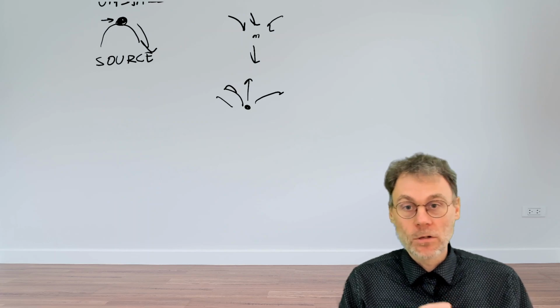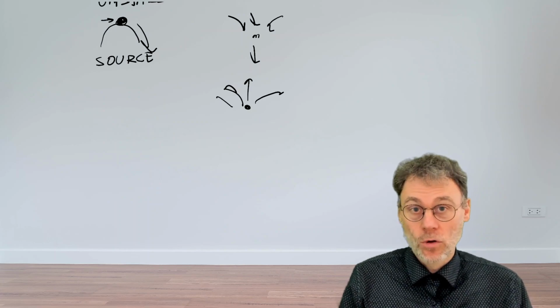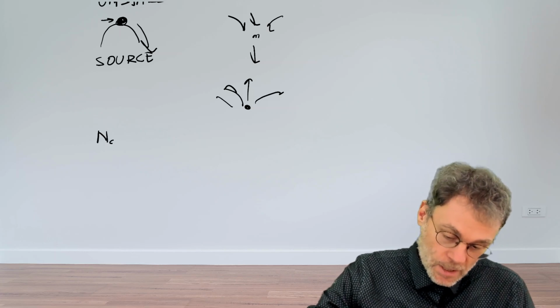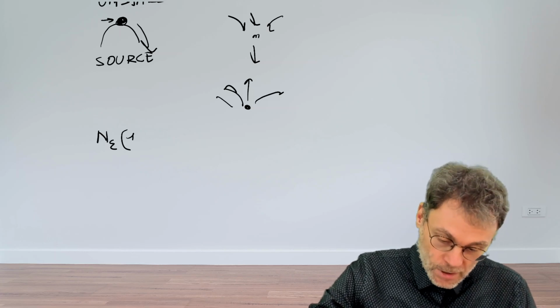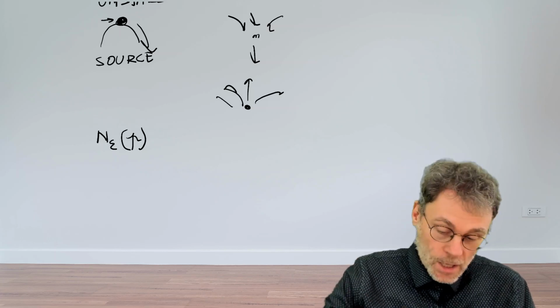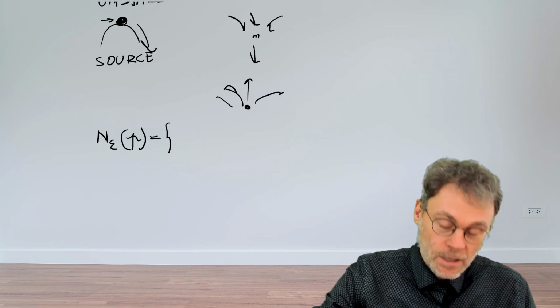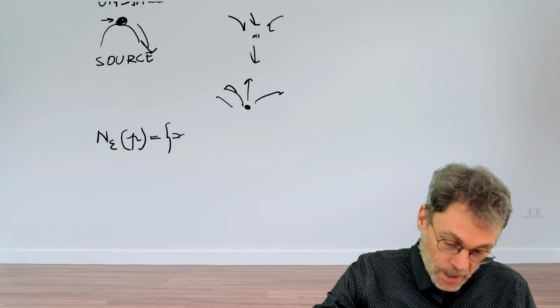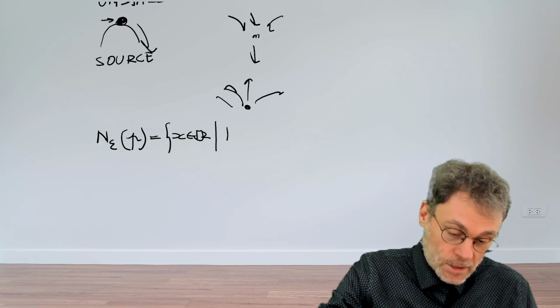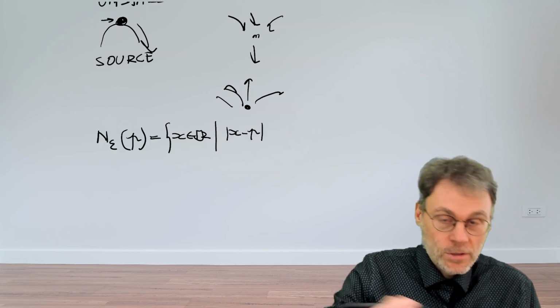And for the definition, we need to rely on a concept which is called the epsilon neighborhood of a certain point. The epsilon neighborhood of a fixed point P, in our one-dimensional case, is simply defined as the set of numbers which are at most a distance epsilon away from the point that we're interested in.